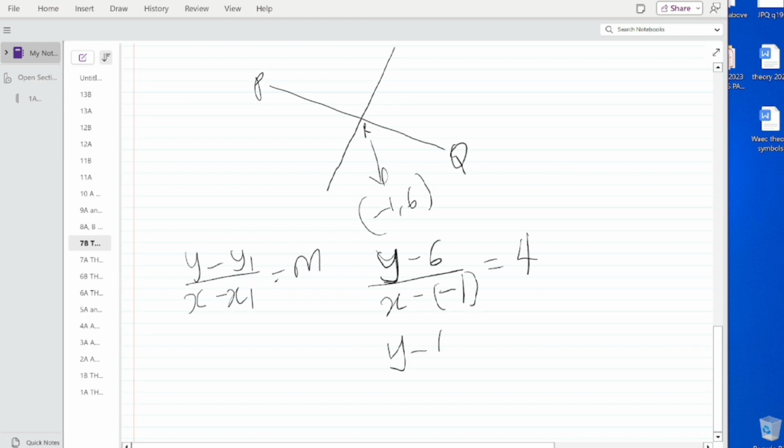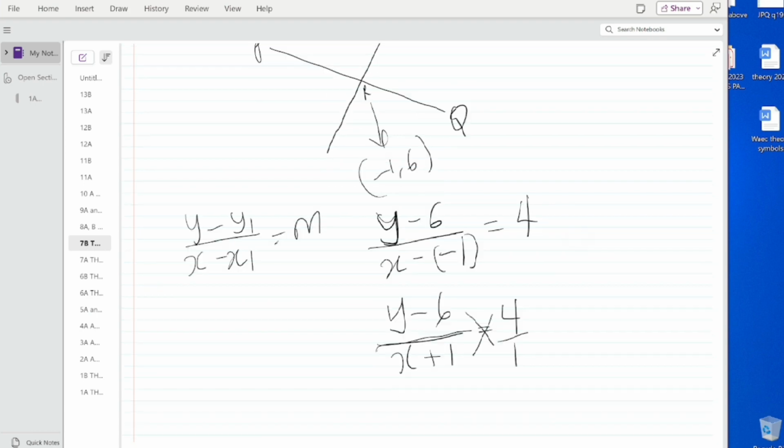We have y minus 6 divided by x, we have minus times minus, because we have two negative signs, we have to resolve it into 1. Since negative times negative gives us positive, so here it becomes positive 1 equals 4. We can make it 4 over 1 and cross multiply.